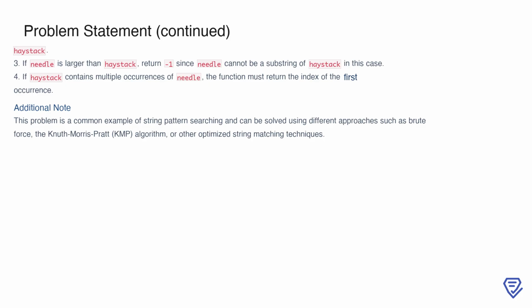Lastly, in cases where needle appears multiple times in haystack, we are required to return the index of the very first occurrence. This problem is a classic example of string pattern searching, and while it can be solved using straightforward approaches like brute force, more efficient solutions exist, such as using the Knuth-Morris-Pratt (KMP) algorithm or other optimized string matching techniques. Understanding these nuances will help us design a robust solution.